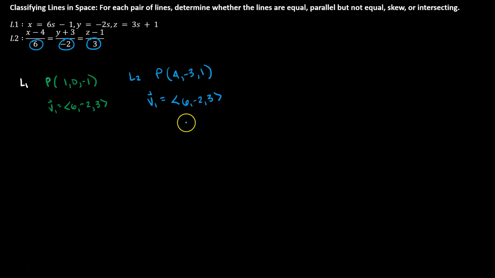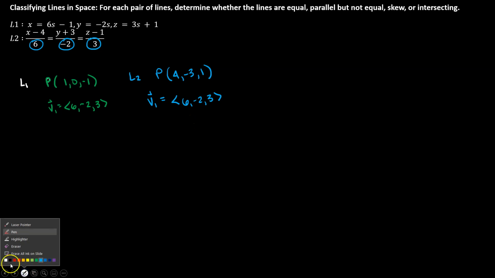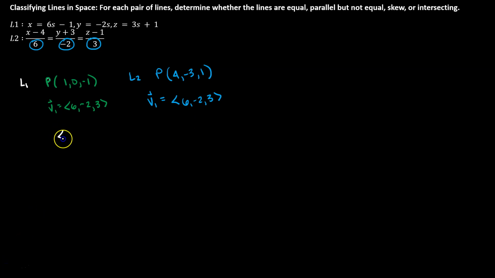We want to check to see if these vectors are parallel. If they are, then we can find a scalar such that when we set up the vectors to be equal to each other, multiplying by some number k will make these two vectors equal. Well, guess what? This one's super easy. K would just have to be equal to 1 because these vectors are parallel to each other. They're identical vectors.